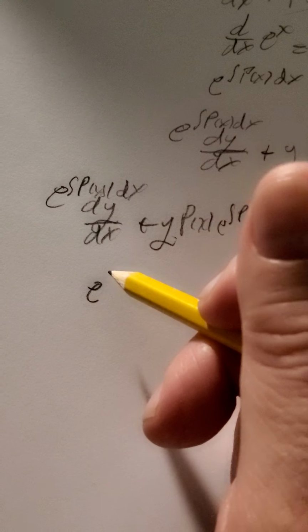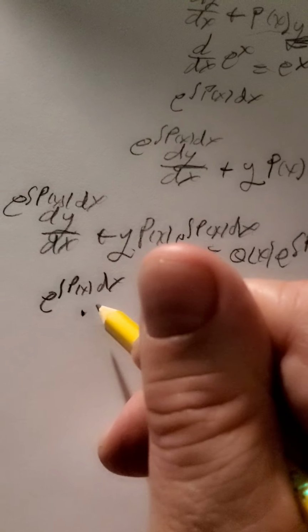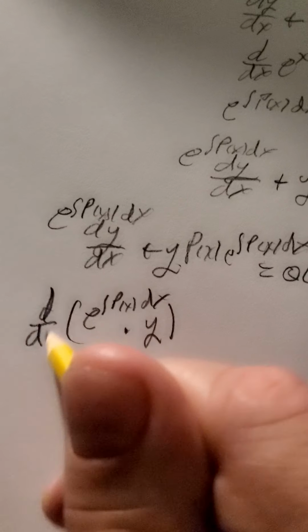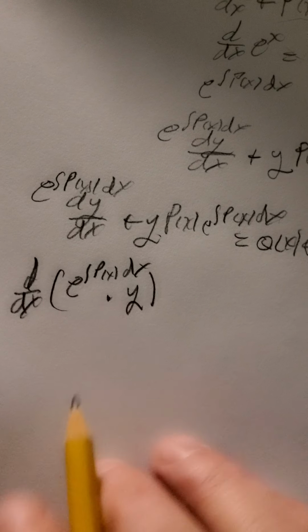Okay, so you have e to the integral of p of x dx, times y, differentiated with respect to x. Use the product rule.